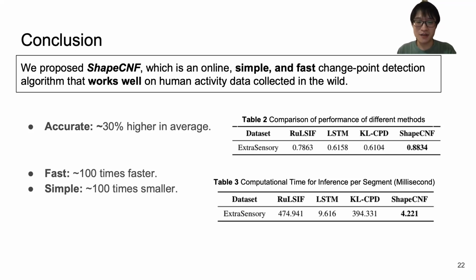It is also fast and simple because it is about 100 times faster than other methods, and also 100 times smaller than the deep learning methods. Our method ShapeCF only contains 250 trainable parameters, while LSTM contains more than 10,000 or 20,000 parameters. So it is very small for our ShapeCF.